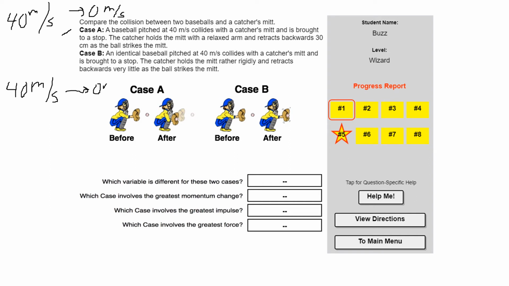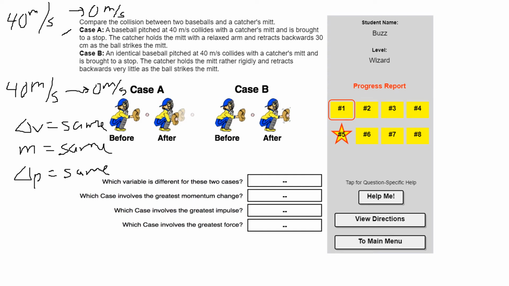Okay, so because the masses are the same and the velocities are the same, that means the change in the velocity is the same, and because the mass is the same, check it out, the change in momentum is going to be the same.